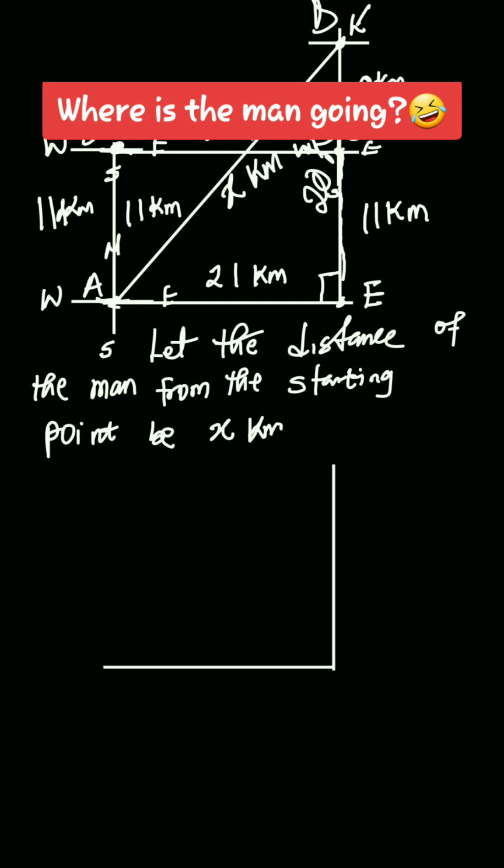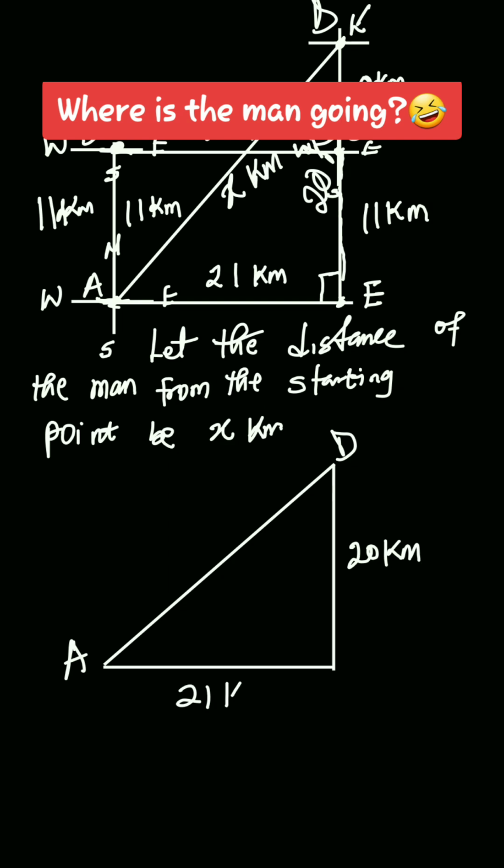And then I have this, which is my AD. This entire length is 20 kilometers. This entire length is 21 kilometers. This is at 90 degrees. And so this is the distance we're looking for, the distance of the man from the starting point.